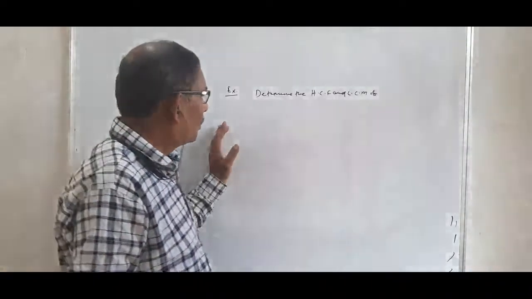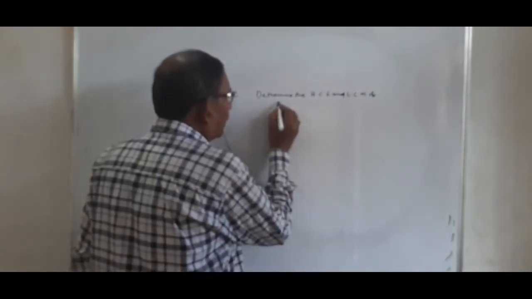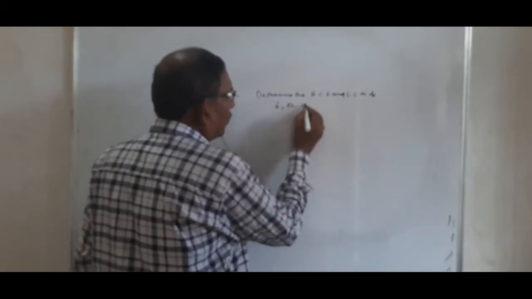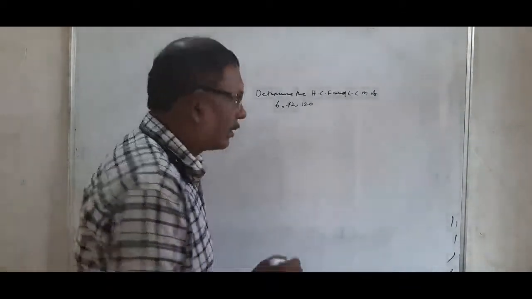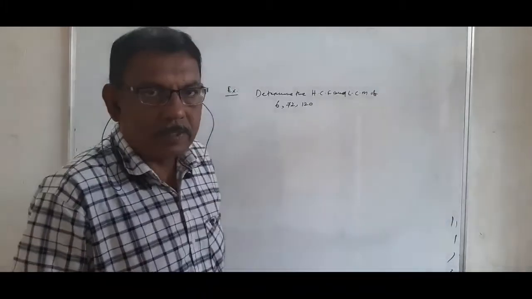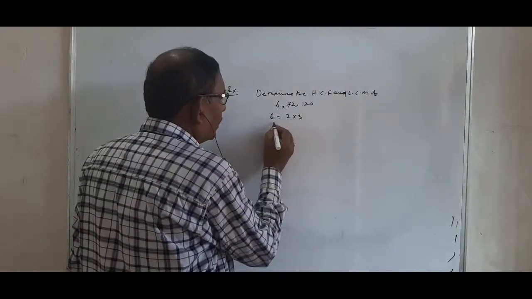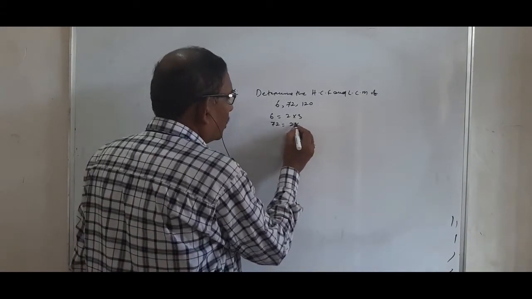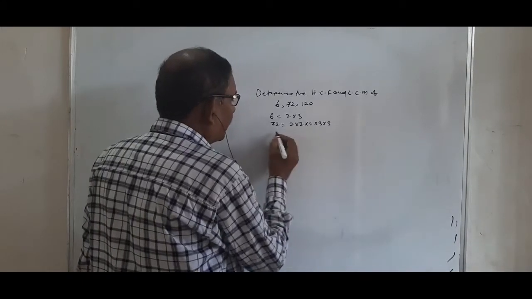Take one example to determine the HCF and LCM of the numbers 6, 72 and 120. Okay. First express these numbers in terms of prime factors by using the prime factorization method. 6 is 2 into 3. 72 is 2 into 2 into 2, 3 into 3.